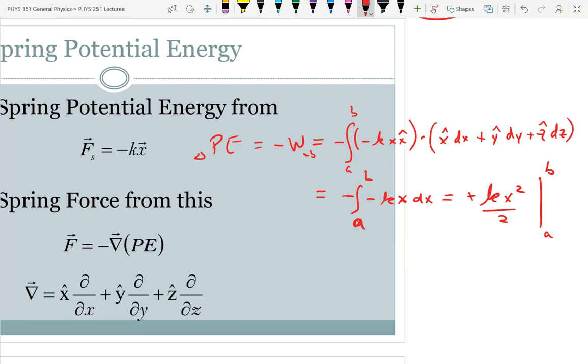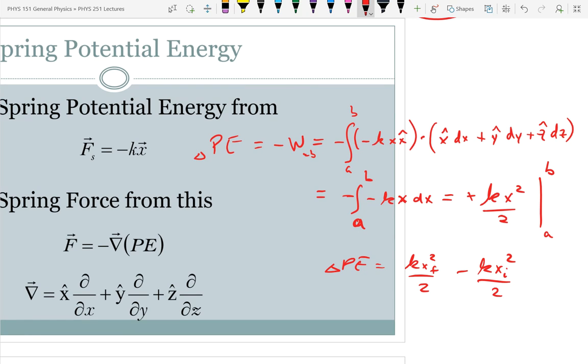And so my change in potential energy, I changed it from A, B to initial and final. So we could have a constant offset, but we just choose to say, let's make that constant offset 0.